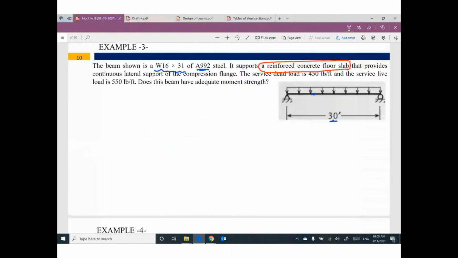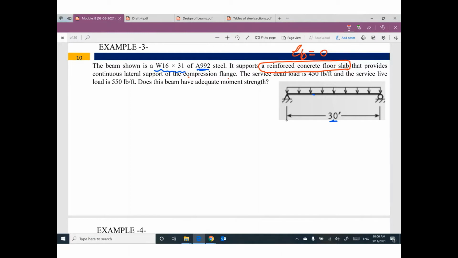That means Lb equals 0. That provides continuous lateral support of the compression flange. Continuous lateral support means Lb equals 0. The surface dead load equals 450 and the surface live load equals 550.